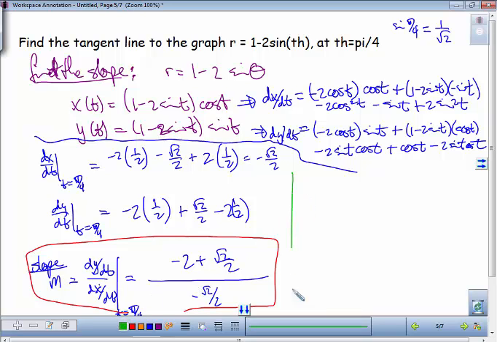How do you find a point? Where would you substitute pi over 4 into the x of t and y of t? So let's put t is equal to pi over 4 into x of t and y of t. So x of t, let's just say x of pi over 4.